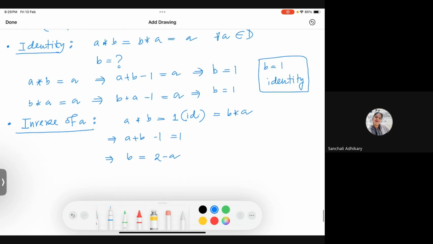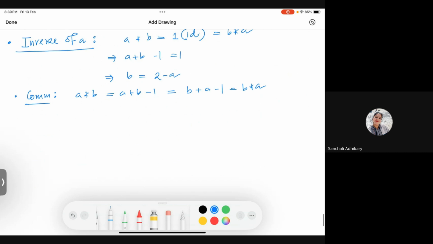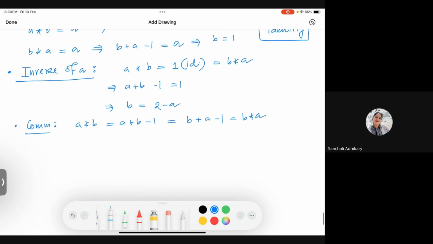Okay. So that's why D, and observe commutativity. A star B is equal to A plus B minus 1, is equal to B plus A minus 1, is equal to B star A. Okay. So D star is a commutative group. 1 is the identity, and the inverse of A is 2 minus A. Okay.